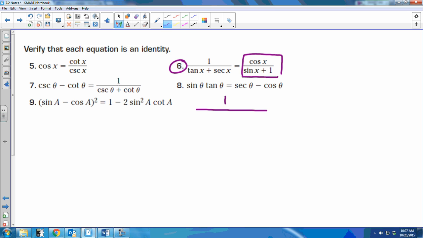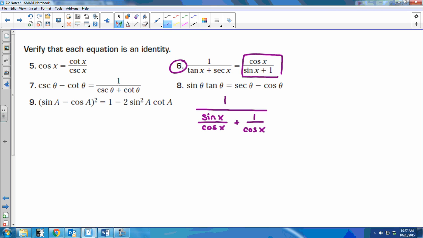How can I rewrite tangent? Yeah, so I have sine x over cosine x. And how can I rewrite secant? One over cosine.